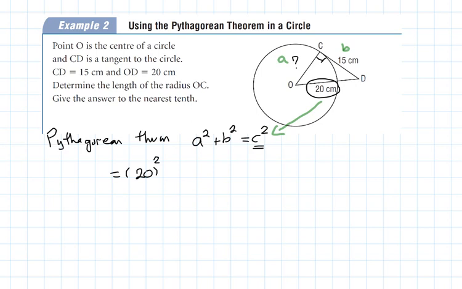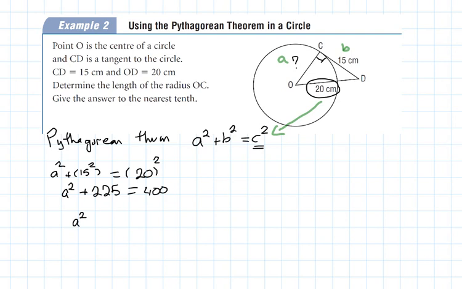We said B is going to be 15, so that's 15 squared, and A squared, we don't know that one. So A squared plus 15 squared, which is 225. Yes, the calculator agrees with me. 225 equals 20 squared, which is 400. Use a calculator.